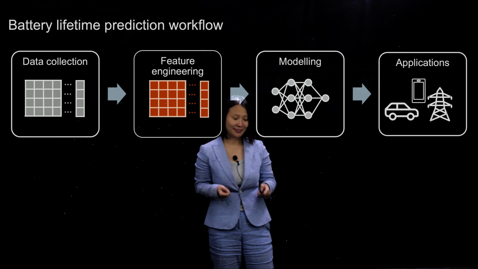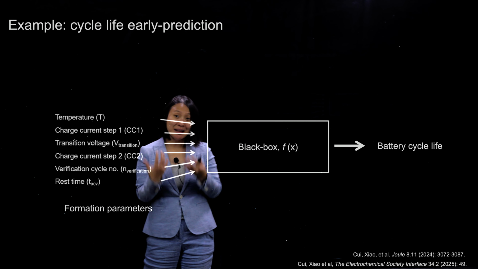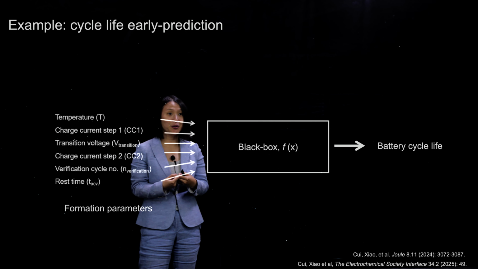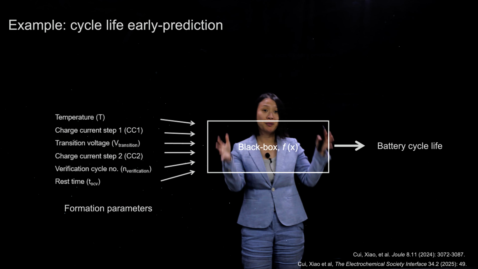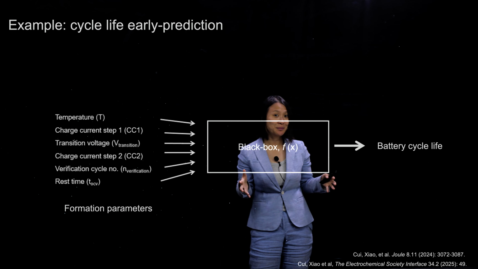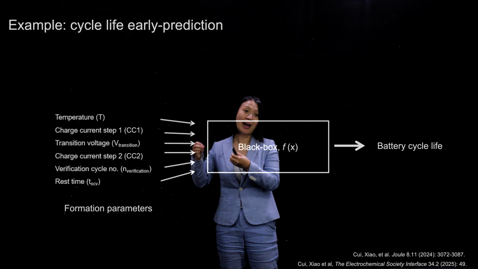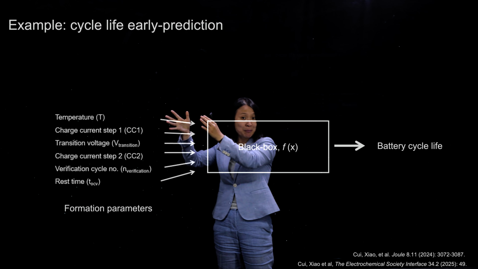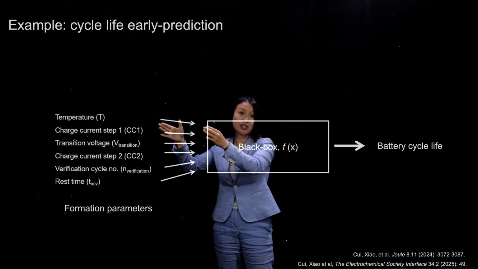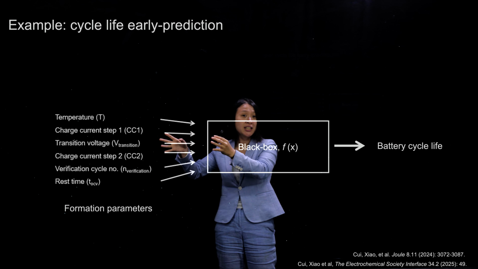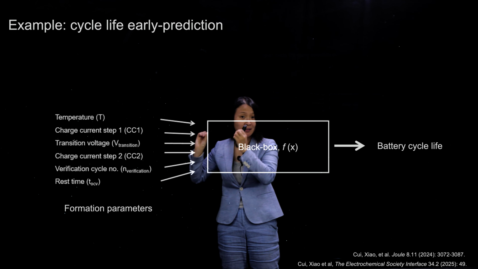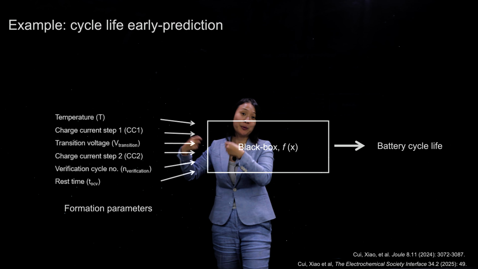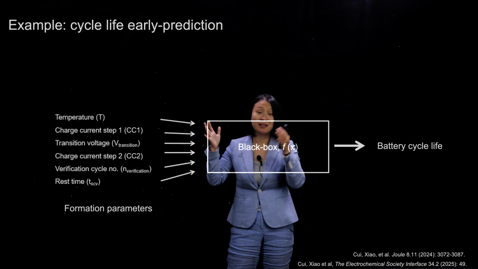So in a typical example of battery lifetime prediction using machine learning models, we are talking about building a black box model. In this example, we have the battery formation parameters, such as the temperature, the charge currents, the voltage, the verification cycles, the rest times. These are all parameters we put in our battery formation process.